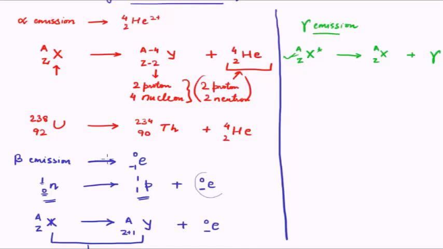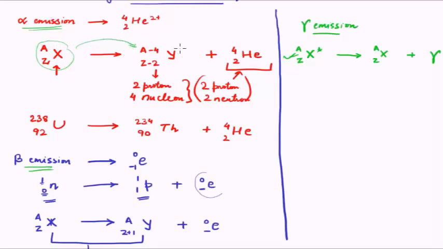Okay, so now we have seen the reactions for the alpha emission, the beta emission, and the gamma emission. But an important point to note is that it need not be that there is just one single alpha emission or one single beta emission for a parent nucleus. What can happen is that this parent nucleus can undergo a single alpha emission to give this daughter nucleus.